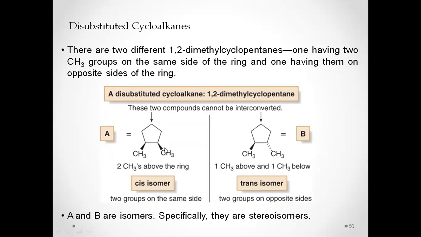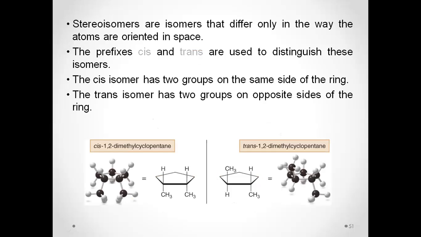Here both bonds are on the same side, so it is the cis isomer. But here both bonds are on opposite sides, so it is the trans isomer. They are stereoisomers of each other. Stereoisomers are isomers that differ only in the way the atoms are oriented in space. The prefixes cis and trans are used to distinguish these isomers.